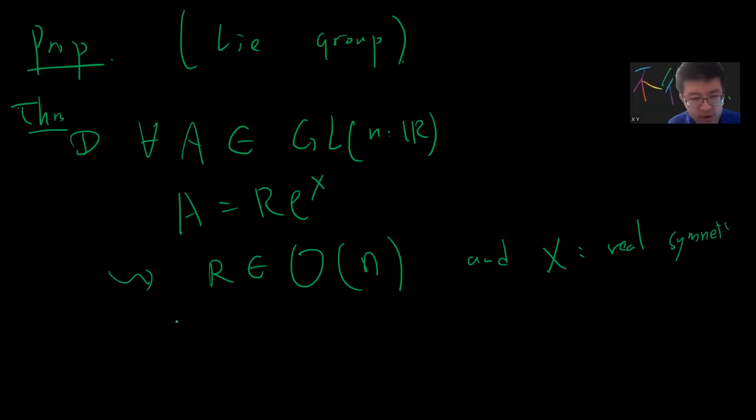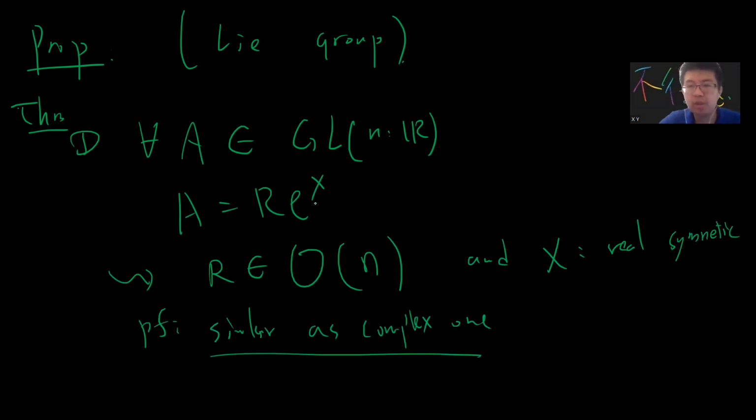The proof is similar to the complex one. We just restrict every complex number to the real numbers, so unitary becomes orthogonal, and self-adjoint becomes real and symmetric.